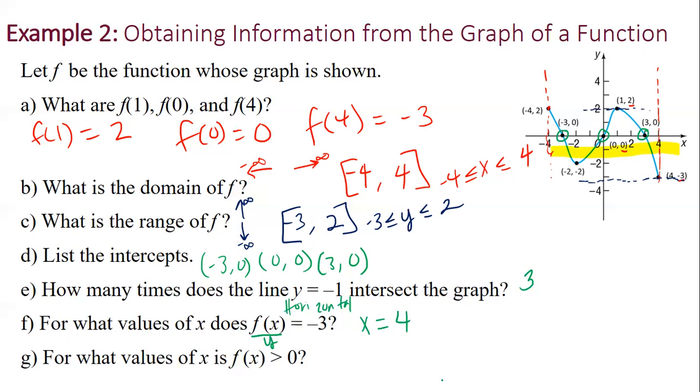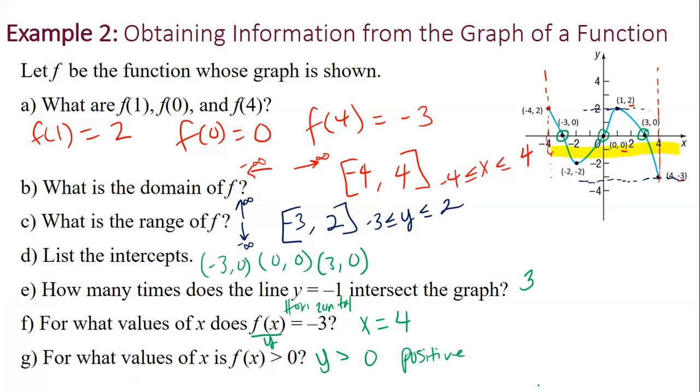Okay. The last way that you need to be able to analyze a graph is using inequalities. So this is asking for when is the function greater than 0. If f of x again is y, this is saying when are the y values greater than 0? Which means when are they positive?